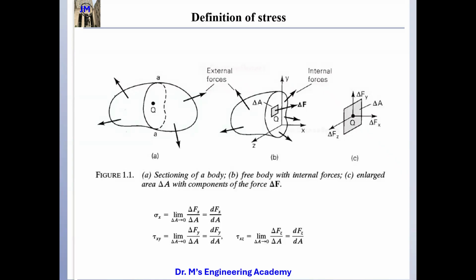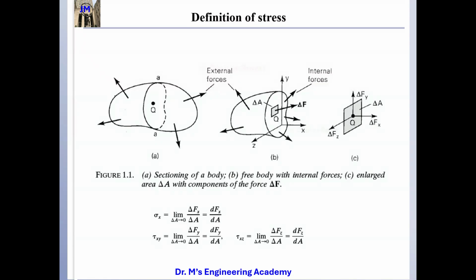For the shear stress, we usually have two subscripts, and these two subscripts have different meanings. The first subscript is used to denote the plane, the normal to the plane. I want you to write this down because I don't know whether you have learned this in mechanics of solids or not.